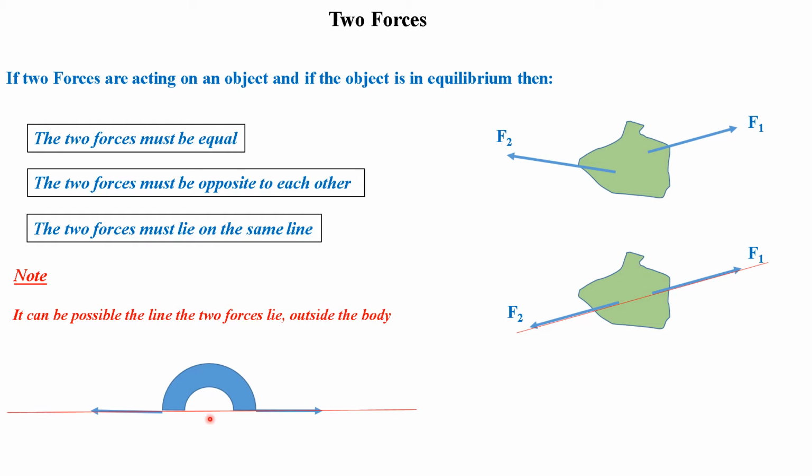So the line of force here, you notice, is partially passing outside the object. In vector notation, the vector F1 plus the vector F2, if you add them, the sum is 0, which is a very simple equation.